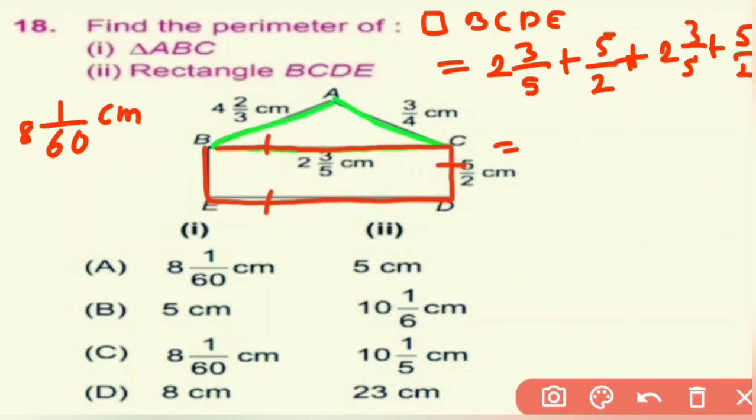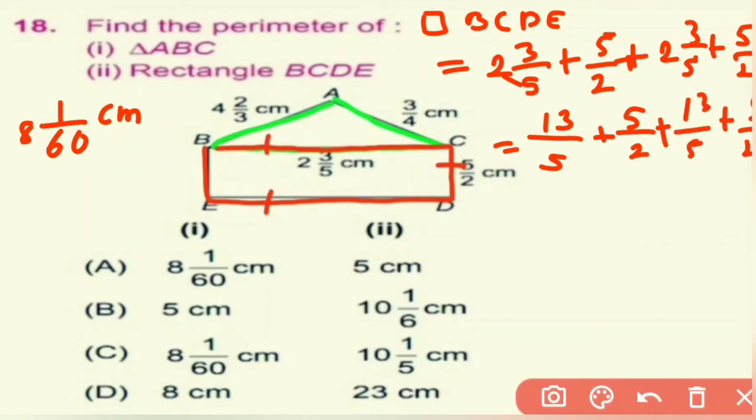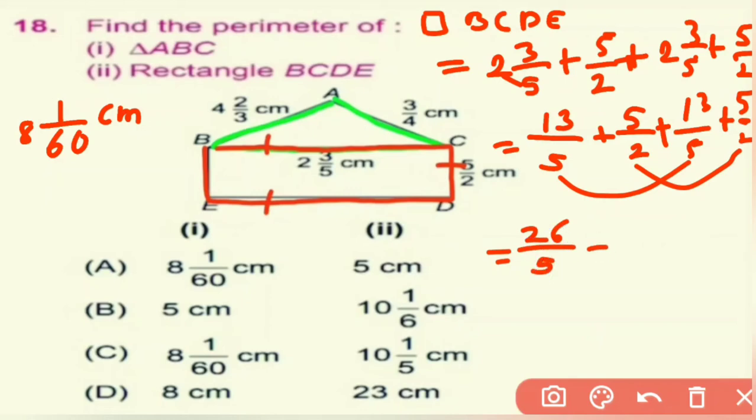So we will convert it here. 2 into 5 is 10, 10 plus 3 is 13, 13 by 5 plus 5 by 2 plus 13 by 5 plus 5 by 2. Now we add these two and these two. So 13 plus 13 is 26 by 5 plus 10 by 2.